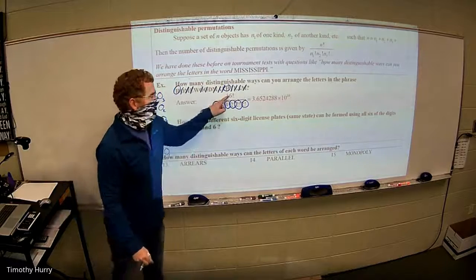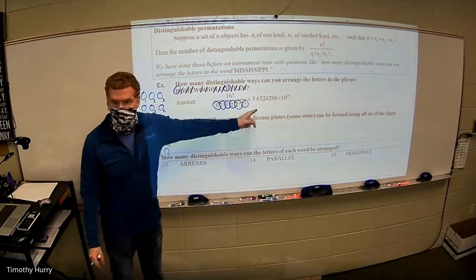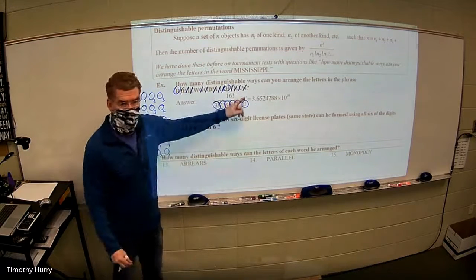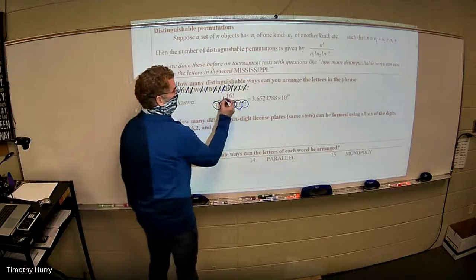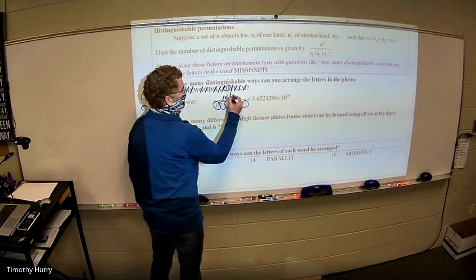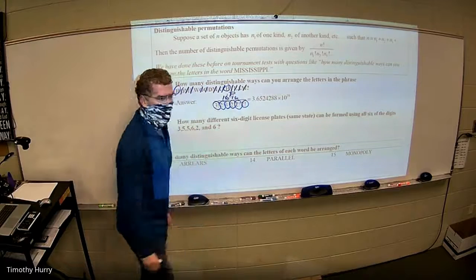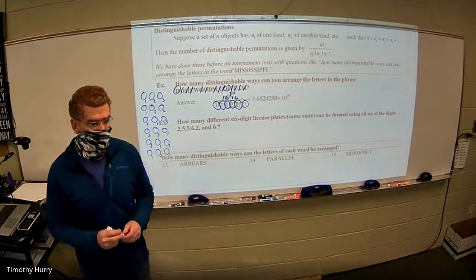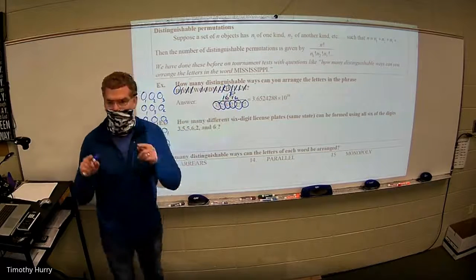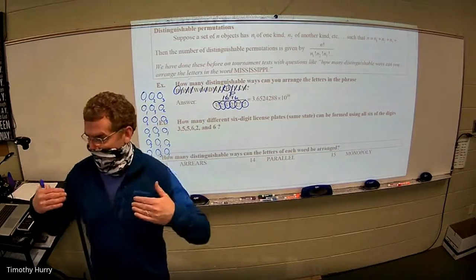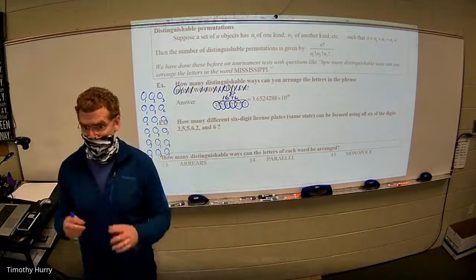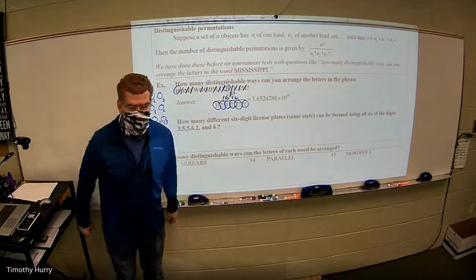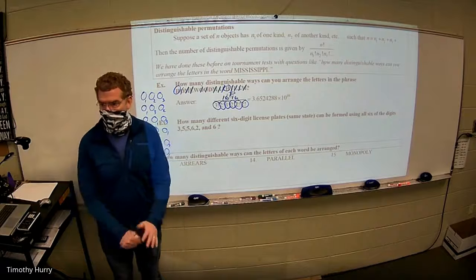And then the number on the top, there are 16 letters. So I could have said 16 factorial, or I could have said there are 16 letters to choose from. I'm choosing all 16, because 16P16 means 16 factorial, right? And I use P because the order in which I arrange them obviously affects my outcome because I'm creating words. Are you with me on that?